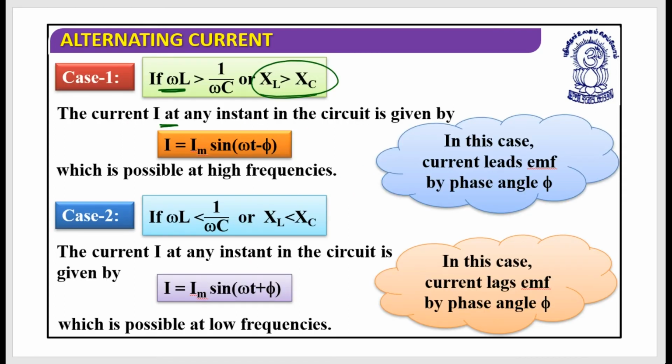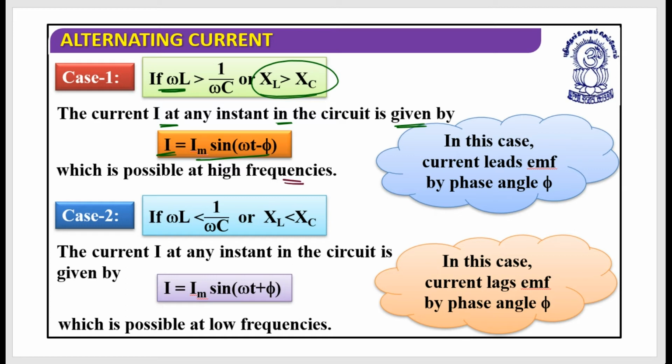The current I at any instant in the circuit is given as I equals Im sine omega t minus phi. When I say I equals Im sine omega t minus phi, in this case the voltage leads the current. I hope this is clear. Yes, the voltage leads the current, or current lags the EMF by an angle of phi.